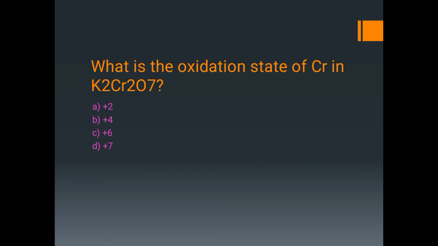Here I have the first question. What is the oxidation state of chromium in K2Cr2O7? To calculate the oxidation state, as I have told you, here it is -14 because there is a 7 over there. So -14.